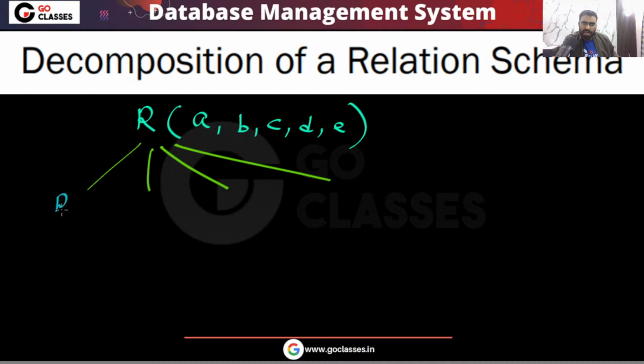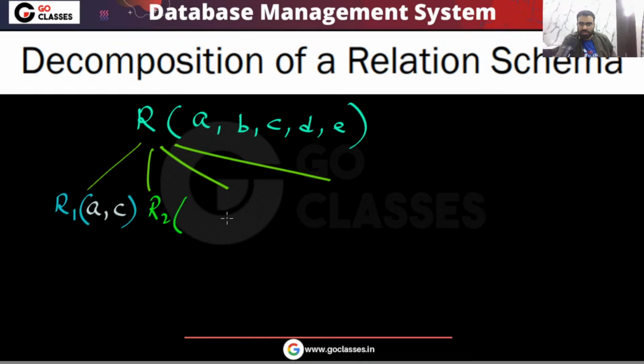So you can see this R1. The schema of R1 will be a subset of the schema of R. Remember, in this R1, the attributes will be a subset of the attributes of R. For example, in the table R1, we have the attributes AC.